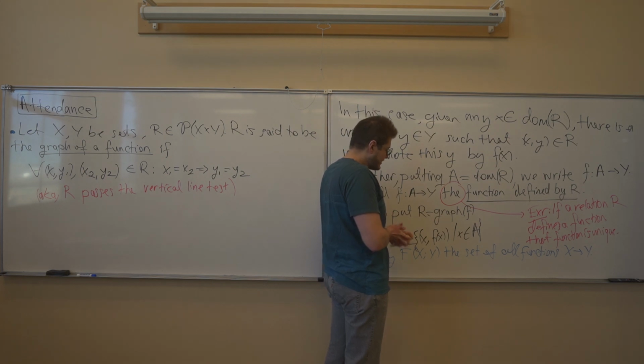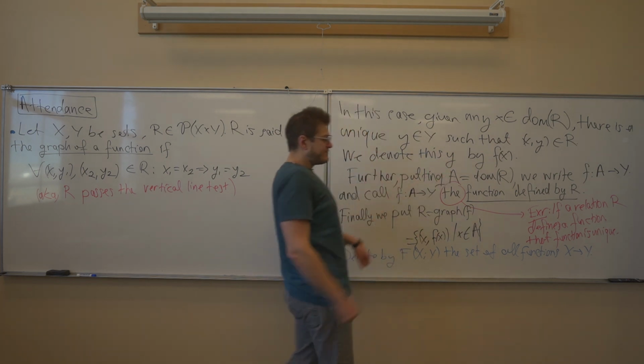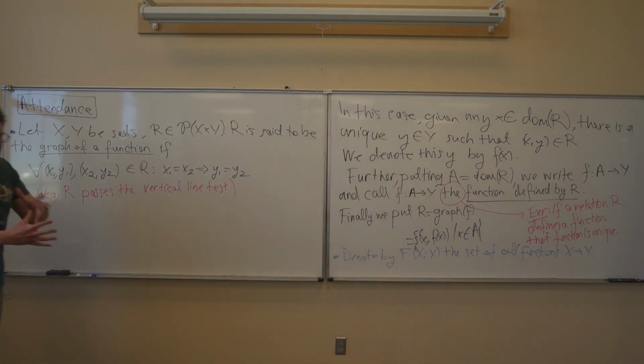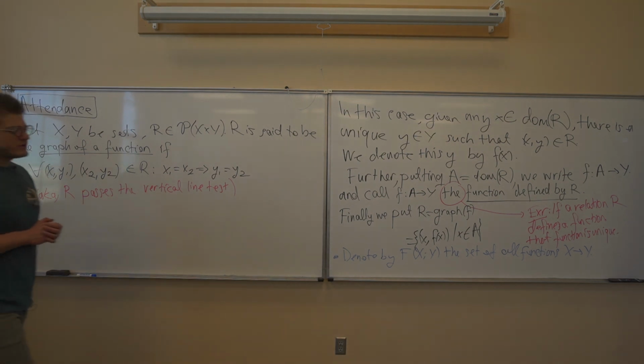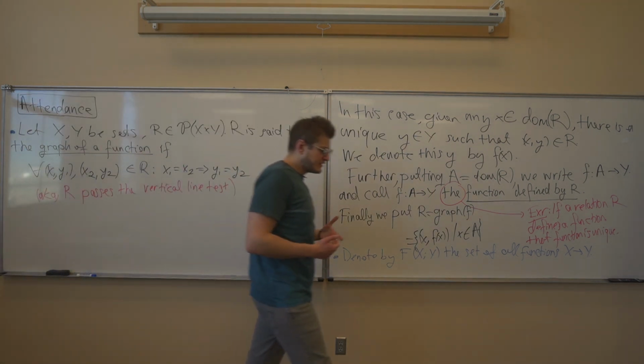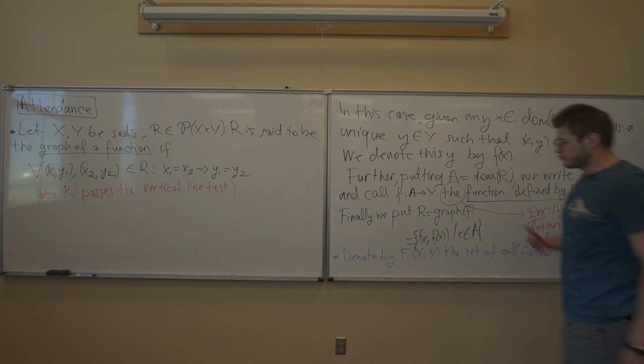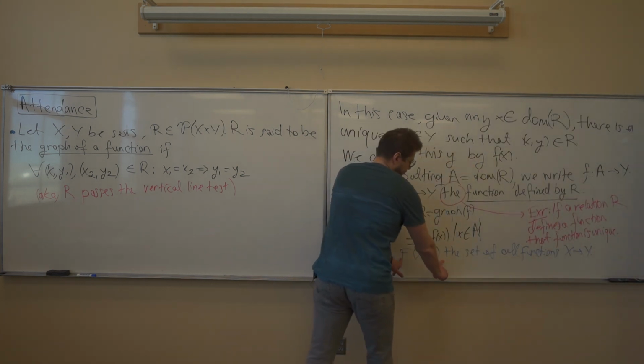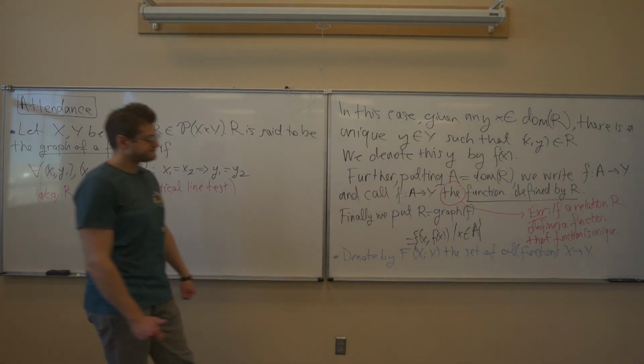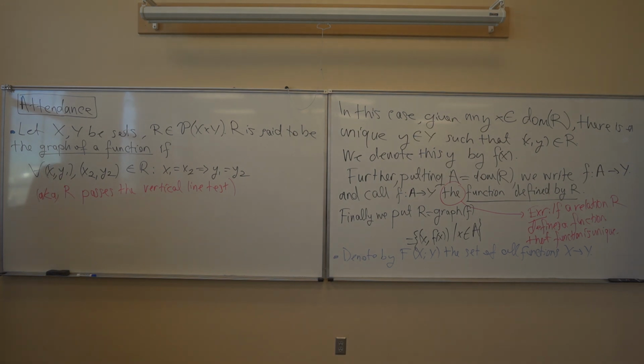And furthermore, instead of looking at any function whatsoever, because functions can be very bizarre and very pathological, we're going to rather look at functions that have certain properties, like continuous functions, or differentiable functions, or integrable functions, and so on. Those are going to be specific subsets of this set of functions. I would like to give an example, but before that, are there any questions?